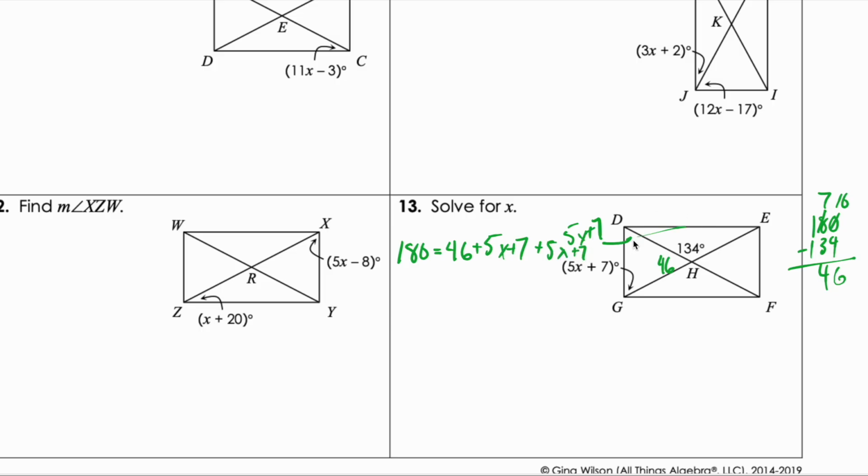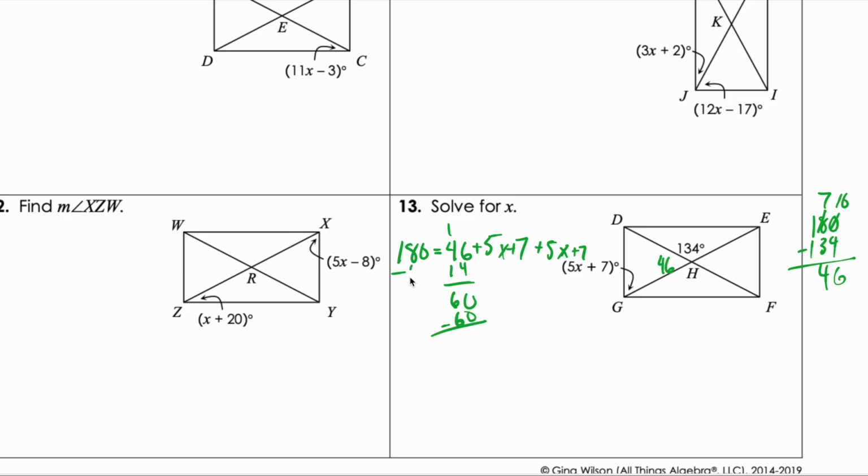Let me make some space, clean this up a little bit. Okay, I'm going to combine my like terms. I have 7, 7, and 46. So 14 plus 46 is going to be 60. So I'm going to take 60 and subtract it from both sides.